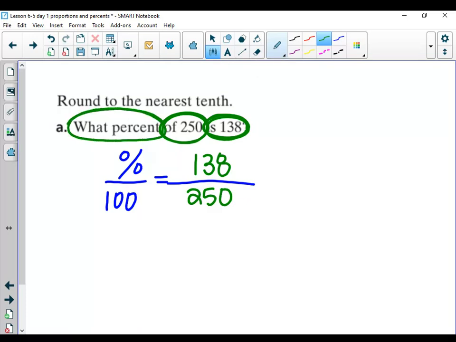Now, why does it say what percent? Oh, I know, what percent? The percent is missing. So I'm going to need my variable in that spot. How about M?